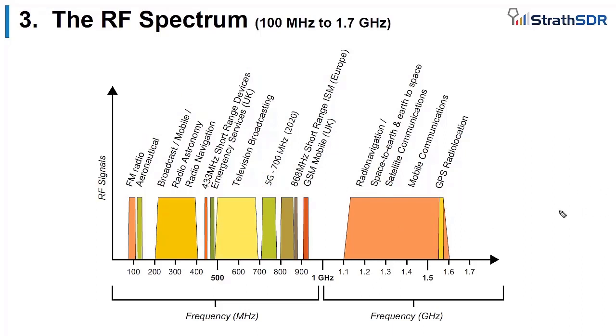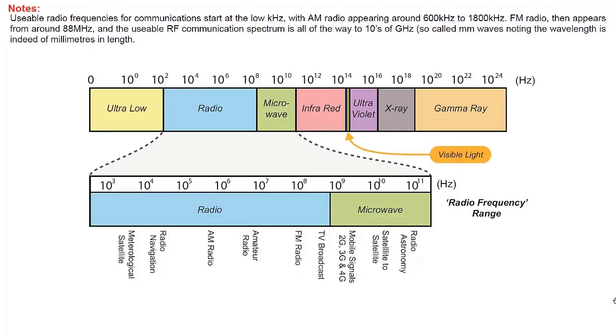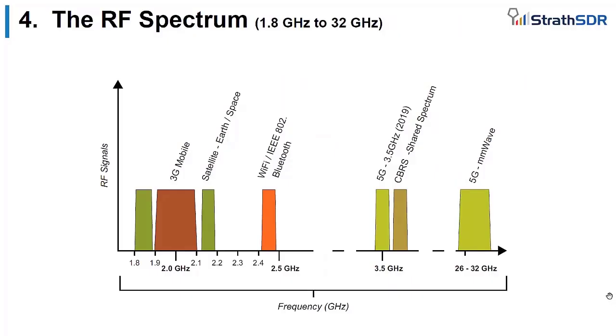So lots of interesting frequencies, and of course many more that I've not represented on this simple diagram. And if we go a little bit higher, let's go up to 1.8 gigahertz start. And again, we can see there's more interesting mobile, the old 3Gs there, and satellites, Earth to space. And then, of course, the very well-known Wi-Fi and Bluetooth at the 2.4 gigahertz band.